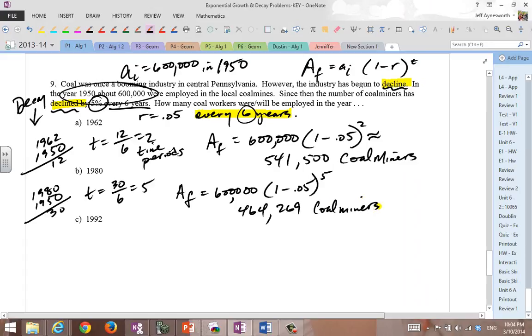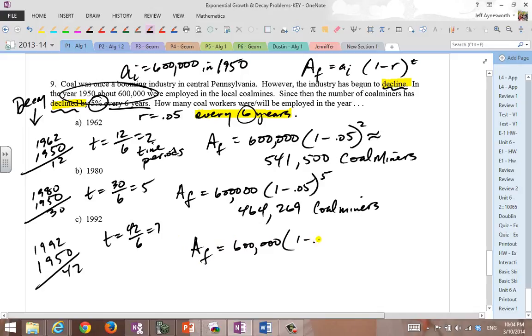Okay, well, last one. How about in 1992? Well, in 1992 minus 1950, there's 42 years have passed. So in this case, it's 42 divided by 6, or 7 time periods. So last one, we take 600,000 times 1 minus 0.05 to the 7th power.